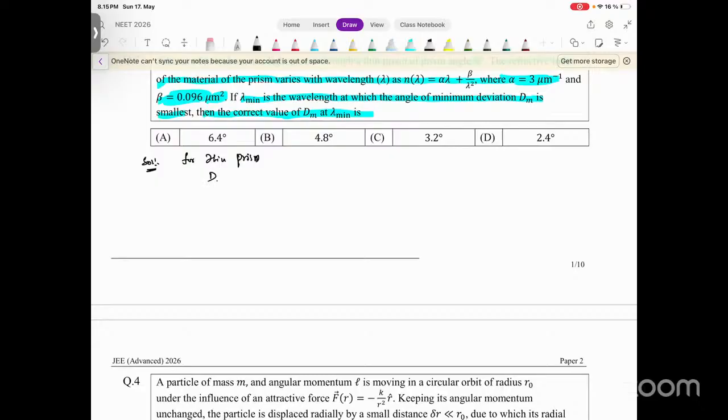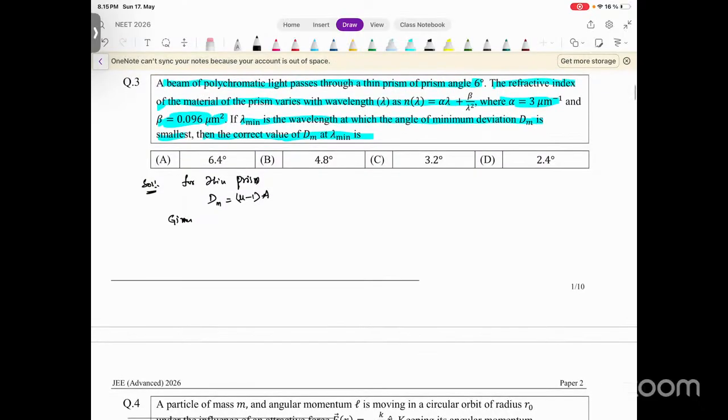Minimum deviation will be equal to refractive index mu minus 1 into the angle of the prism. Now, in the problem the refractive index is represented by the letter n, so here also I'm using mu equals n. For your confusion, I'll repeat this: it is n minus 1 into A.